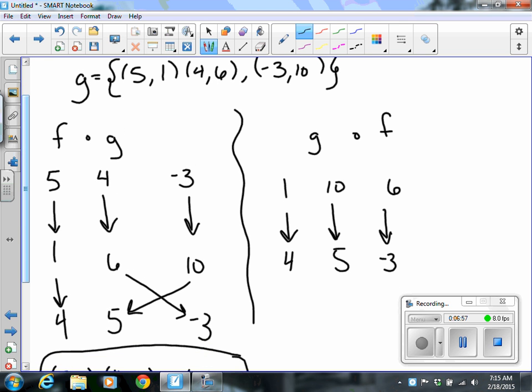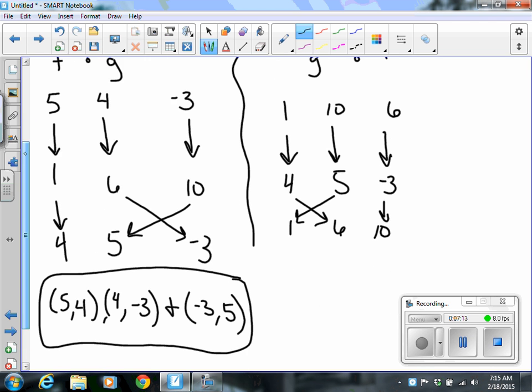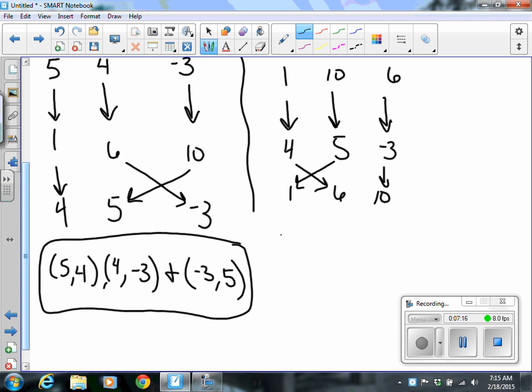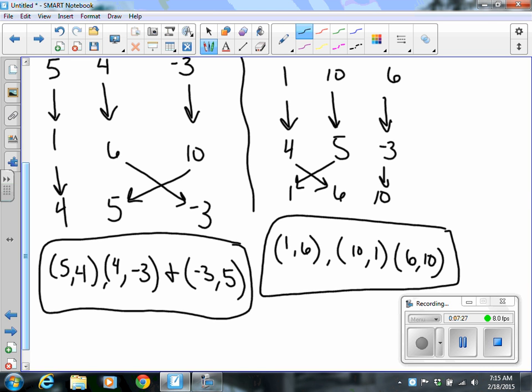From there, I map out the G y values, so I have 1, 6, 10. 4 goes to 6, 5 goes to 1, and -3 goes to 10. So my final answer here is 1, 6, 10, 1, and 6, 10. Final answer.